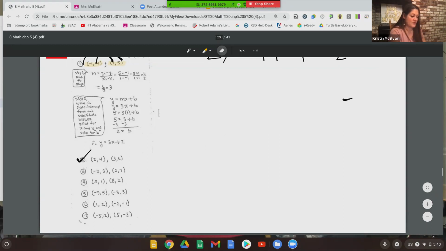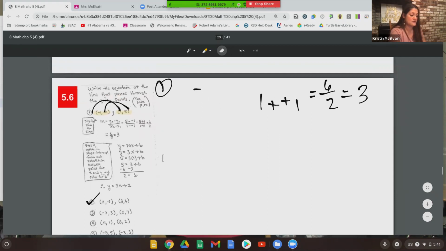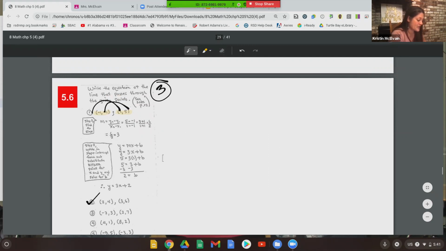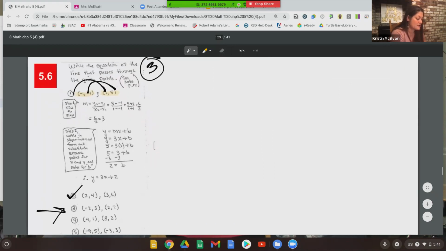All right, get that one all erased. Brings us to number 3. Here is our number 3 right here. First thing we need to do is find our slope.